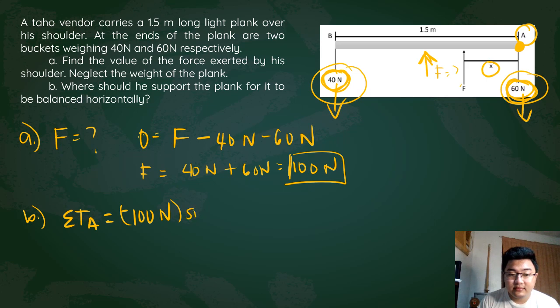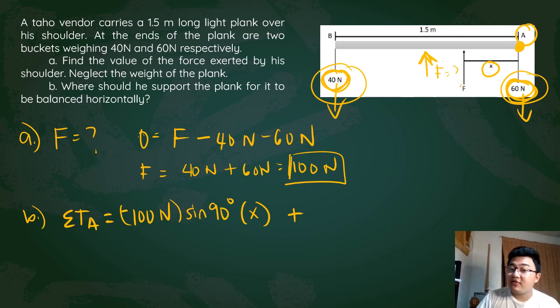Sine, since it's just directed upward, the angle is 90. And we don't know the distance from point A to the point of the shoulder. So this is for the first torque.